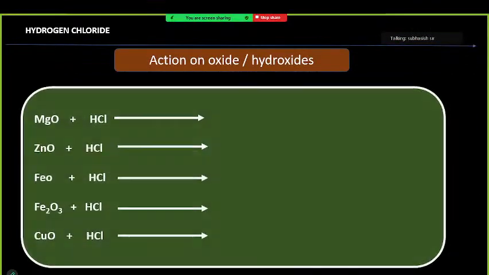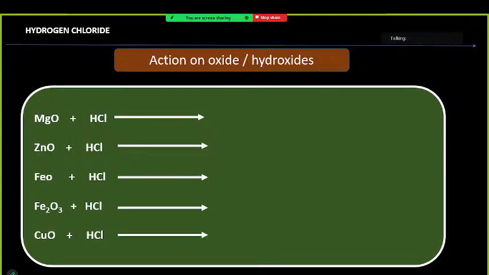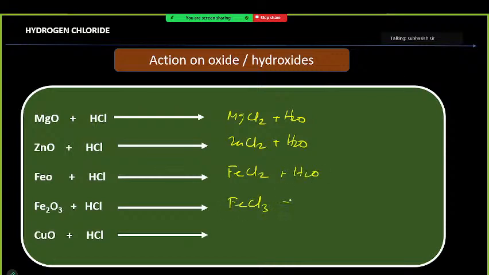The action of oxides. HCl is acidic in nature, so it reacts with basic oxides. Basic oxide reacts with HCl with the formation of salt and water, like MgCl2 plus water, like ZnCl2 plus water, like FeCl2 plus water, etc. Fe2O3 gives FeCl3 plus water.